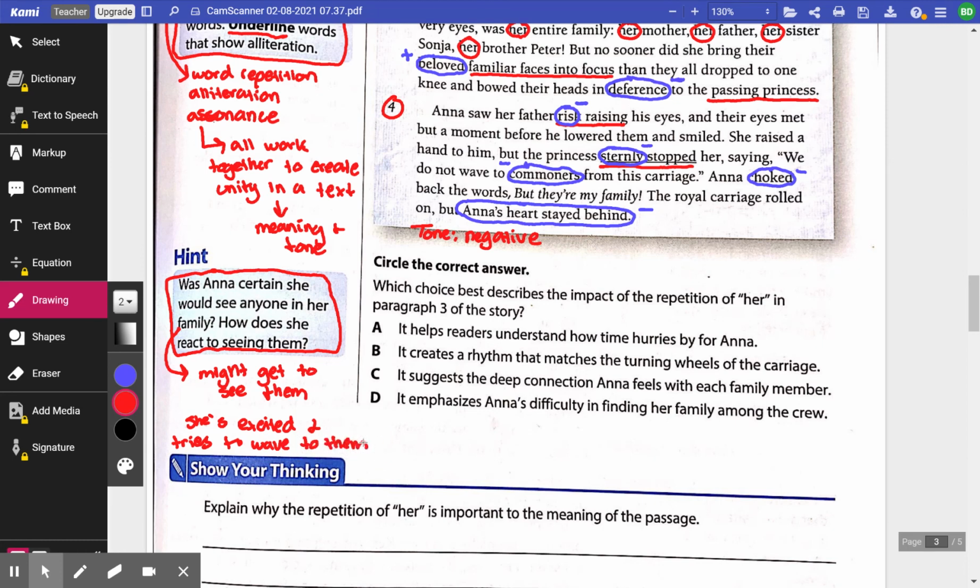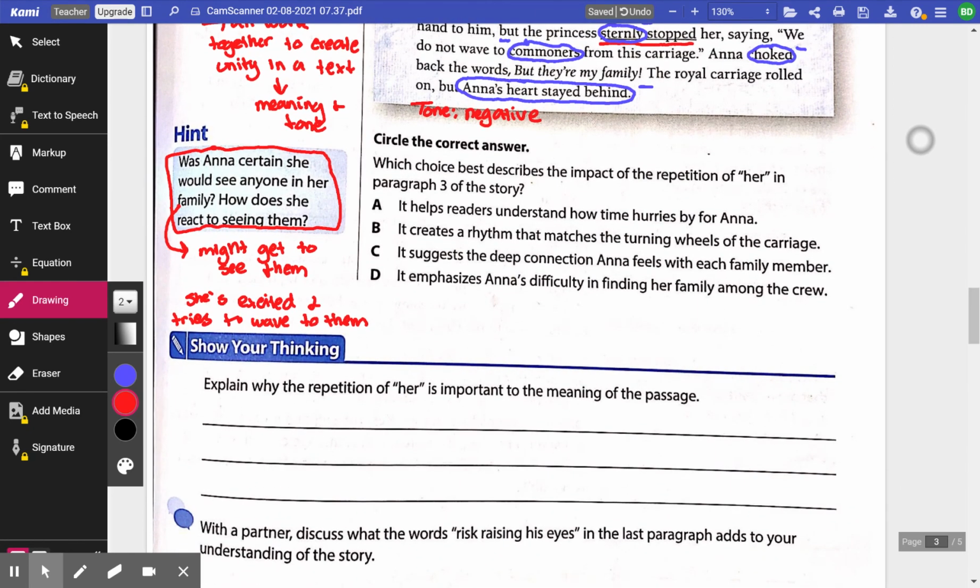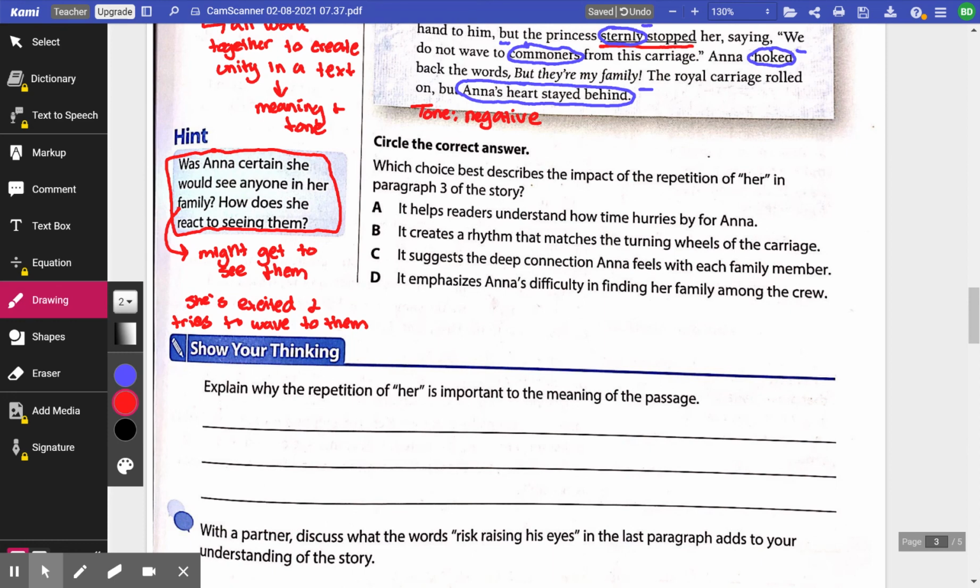Okay, so we know that we're going to be thinking about those things in our question. So let's go ahead and look at our directions. And it tells us that we have to circle the correct answer. And this is our question. Which choice best describes the impact of the repetition of her in paragraph 3 of the story?